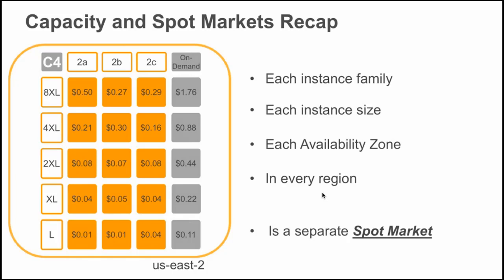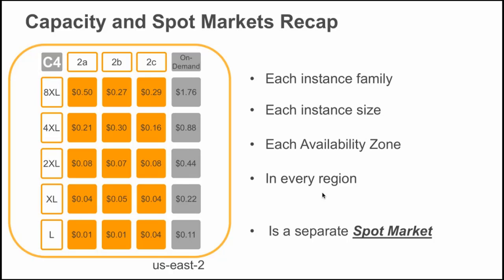This is just an example capture of prices, but it does reflect the significant savings you can have off of on-demand, up to 90% again, and also the point that just because the price has increased in one availability zone, that doesn't mean the price has increased in others. So if one availability zone does get too expensive, simply hunt around and look for cheaper capacity in a different availability zone.